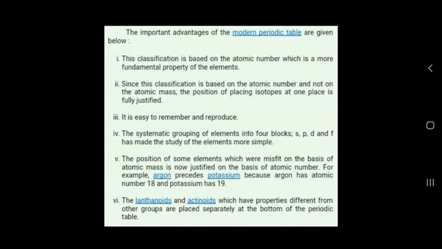The classification is based on atomic number and easily arranged in order of increasing atomic number.